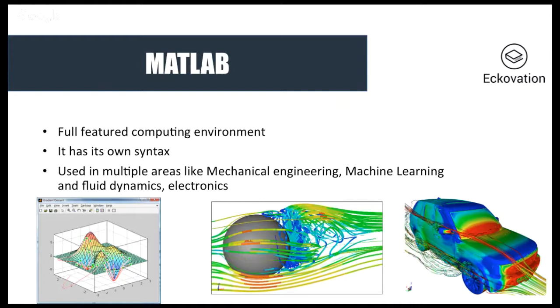You can even use it for complex biological calculations or modeling of various things inside chemical reactions and stuff like that. So MATLAB is really a tool made for engineers.